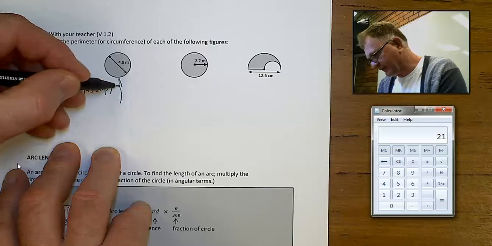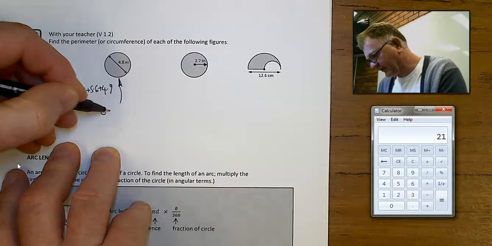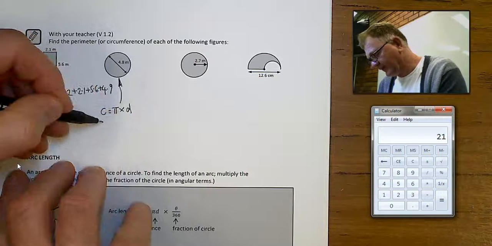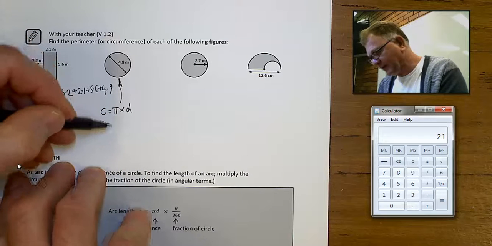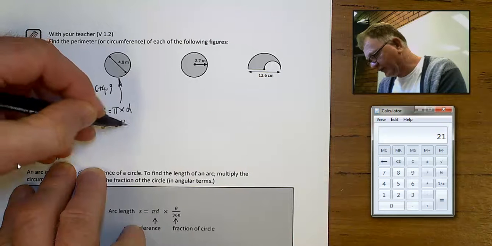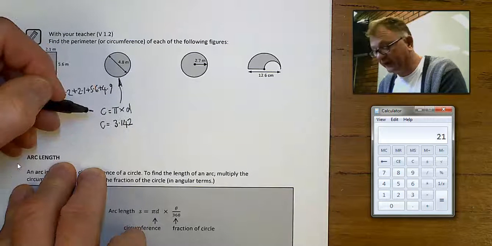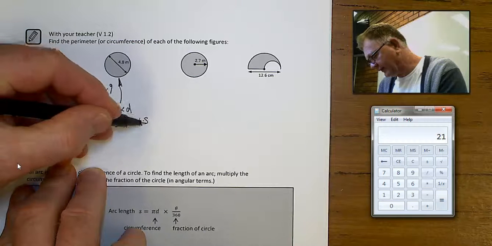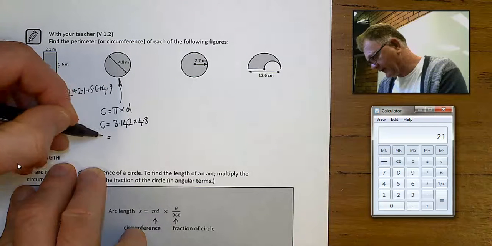Let's go down here to get myself a little bit of space. Circumference equals pi times the diameter. In our case here, pi, the number, is equal to the number 3.142, rounded off to 3 decimal places, times the diameter 4.8, and I can do that on my calculator.